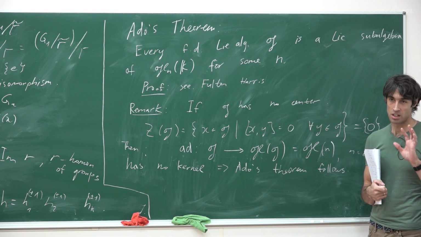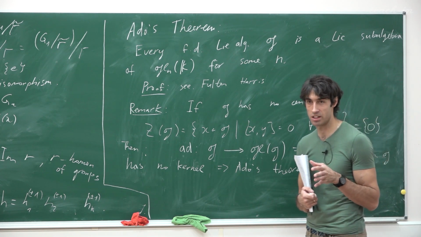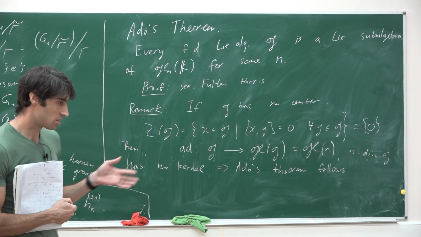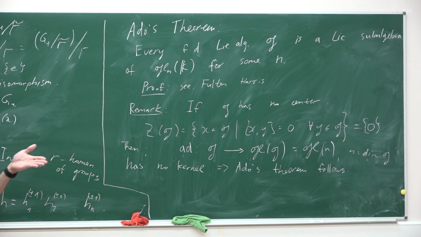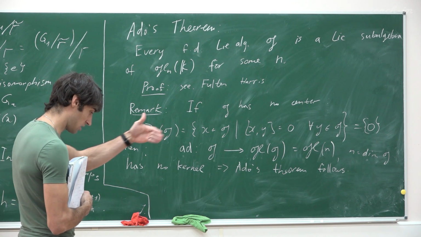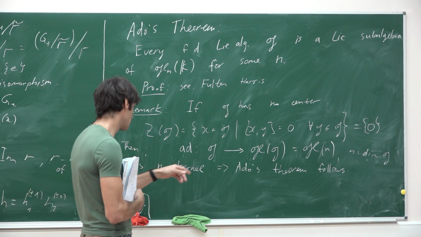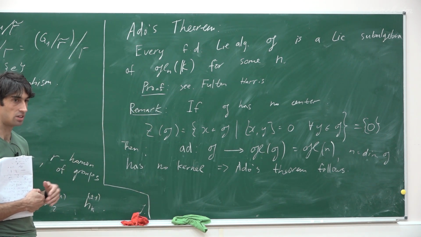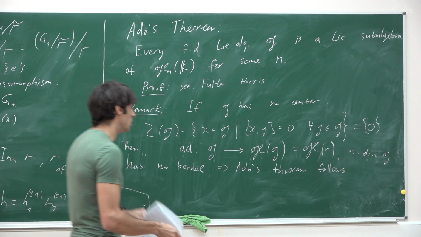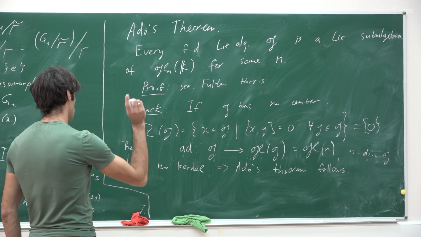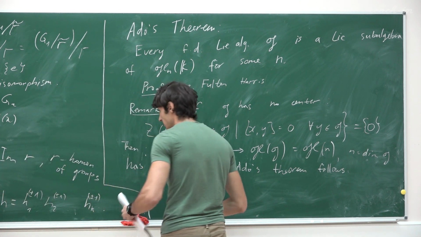So all this hard stuff like the Levi decomposition is where you have a center, and you need to first construct a faithful representation of the center, and then extend it to a representation of 𝔤 that is faithful on the center. That's how it's proved. Okay, so this is about Ado's theorem.